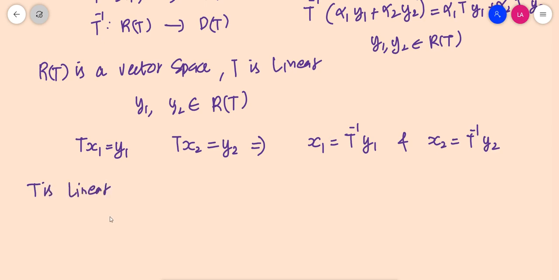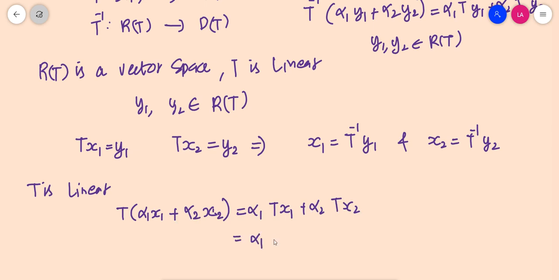Since T is linear, T of alpha 1 x1 plus alpha 2 x2 is equal to alpha 1 into T of x1 plus alpha 2 into T of x2, which is equal to alpha 1 into y1 plus alpha 2 into y2.